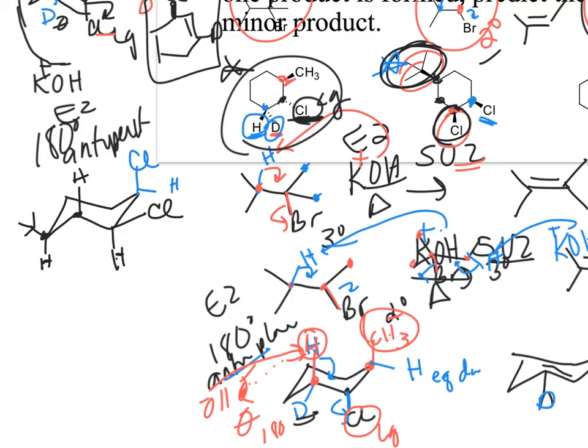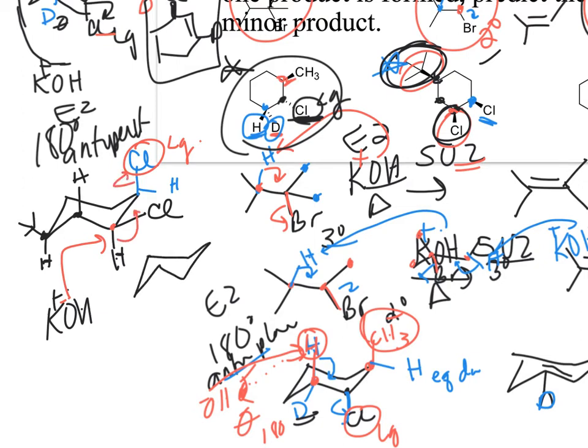Now the chlorine that's going to leave will be the one in the axial position. So this chlorine is your leaving group, and your base then will have to take a proton from the neighboring carbon. So if it takes from this neighboring carbon here and this leaves, then you can redraw this and you have your double bond there, and now the chlorine is flat.